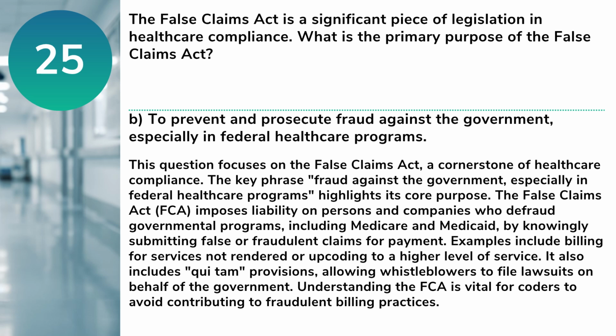The False Claims Act, FCA, imposes liability on persons and companies who defraud governmental programs, including Medicare and Medicaid, by knowingly submitting false or fraudulent claims for payment. Examples include billing for services not rendered or upcoding to a higher level of service. It also includes provisions allowing whistleblowers to file lawsuits on behalf of the government. Understanding the FCA is vital for coders to avoid contributing to fraudulent billing practices.